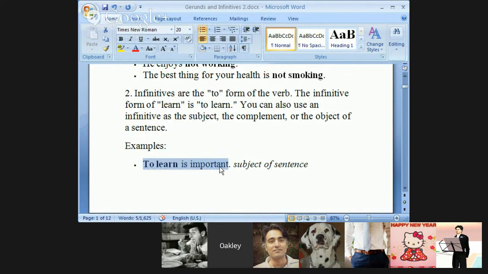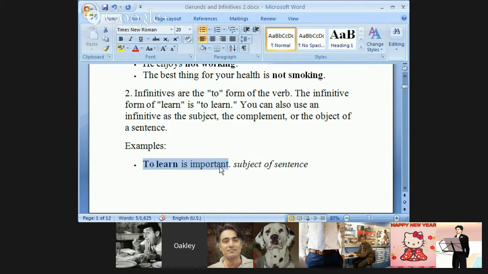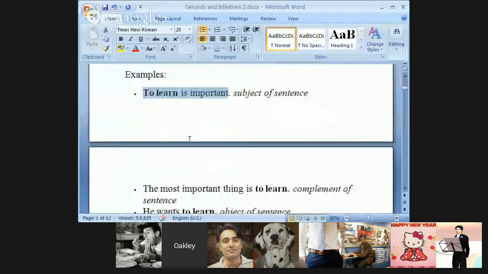Learning is important is a much more informal conversational style, and we would tend to use a gerund in a more informal conversational style. To learn is important sounds like a very important speech or a lecture or something. This is quite formal. You might see this more frequently in writing, using an infinitive actually as the subject.